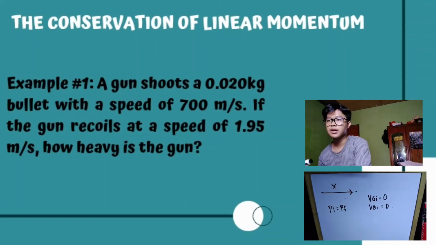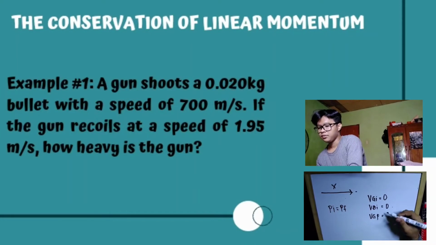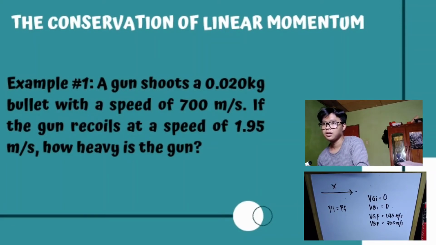When the gun recoiled to the left, we have a final velocity of 1.95 meters per second, and the bullet is 700 meters per second. We are asked how heavy the gun is, that is, the mass of the gun.